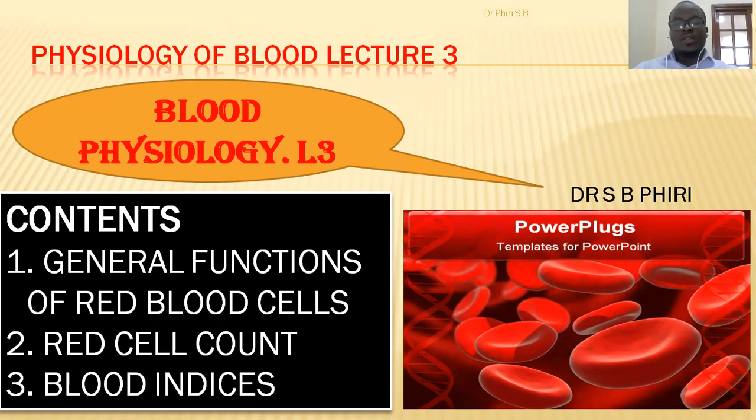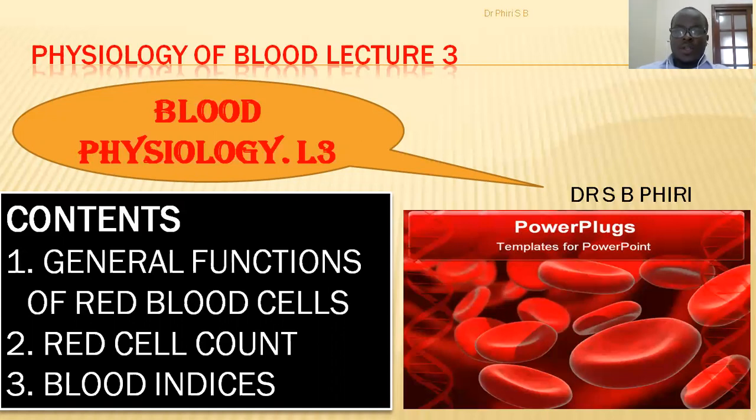So we are just continuing from where we ended. You remember last week we looked at erythropoiesis. We said that within the red marrow, there is a cell, the hematopoietic stem cell.